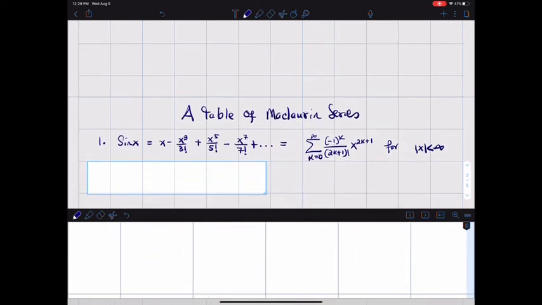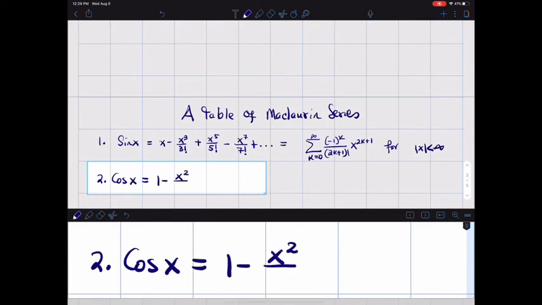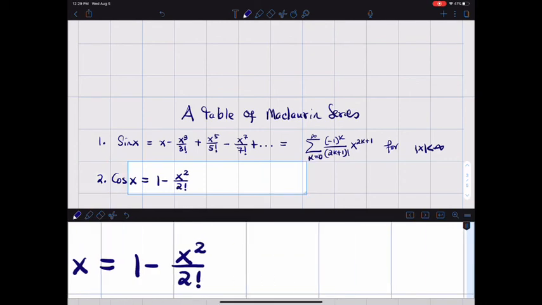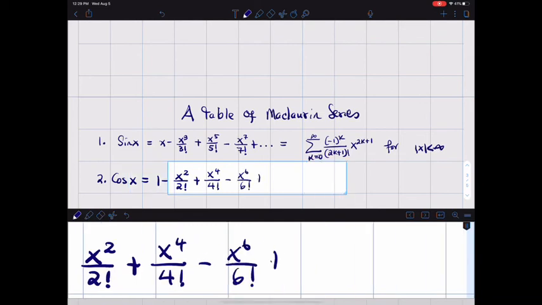Okay. Now, if you follow what we did with sine x, you can obtain this for cosine x. You can obtain the Taylor series, the Maclaurin series, Taylor series centered at 0 for cosine x: 1 minus x squared over 2 factorial plus x to the 4th over 4 factorial minus x to the power of 6 over 6 factorial, and so forth.